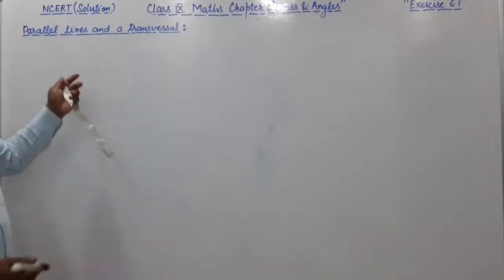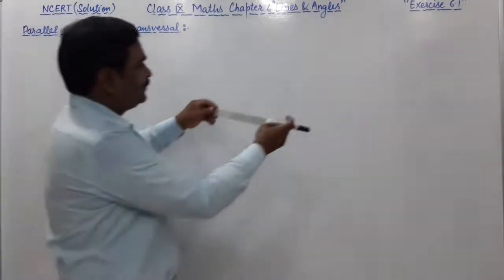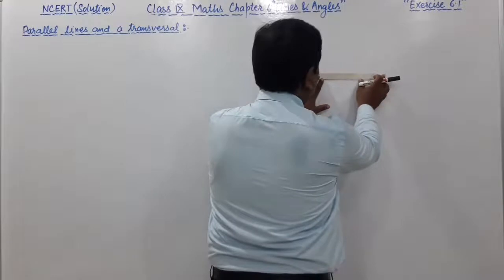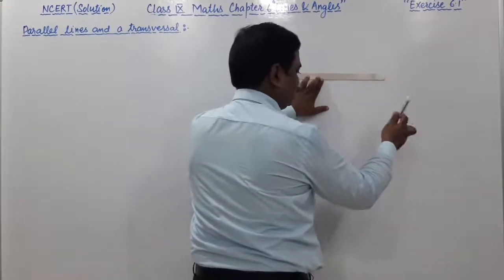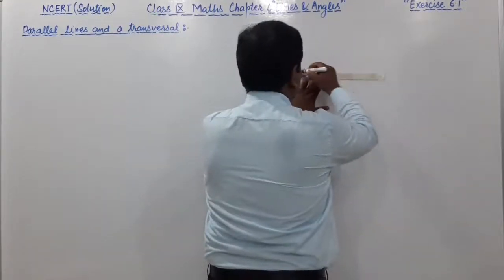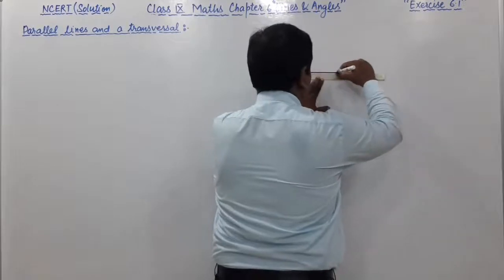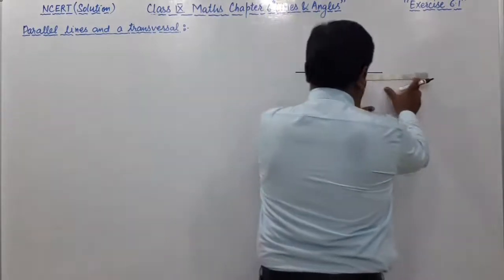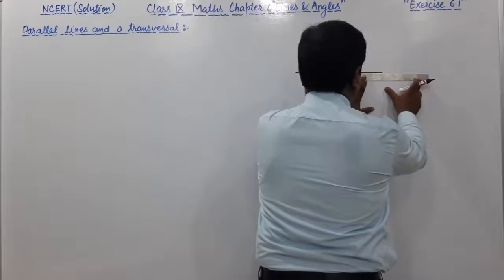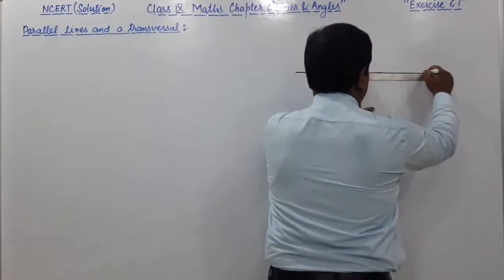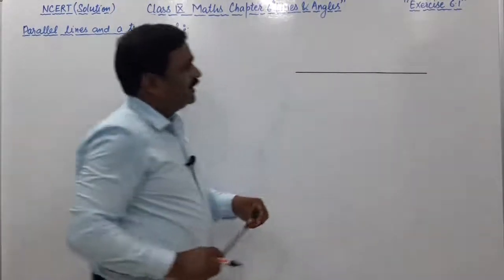So in the parallel lines and transversal, you need to draw the figure of it: two lines which are parallel to each other and a transversal.